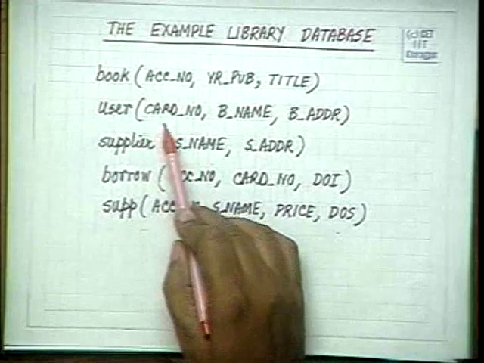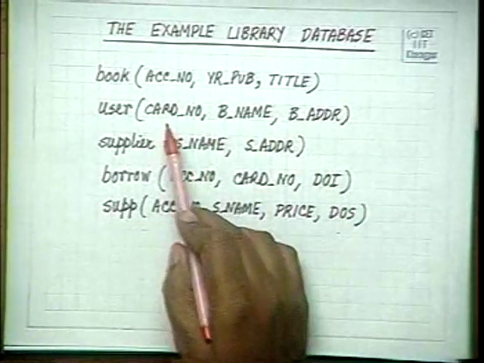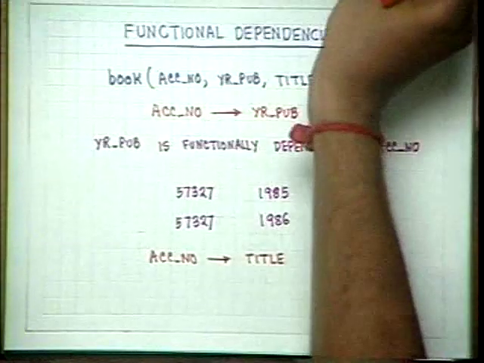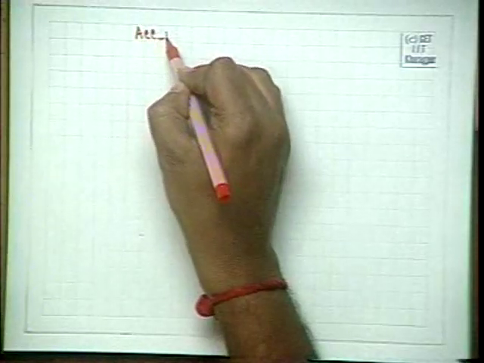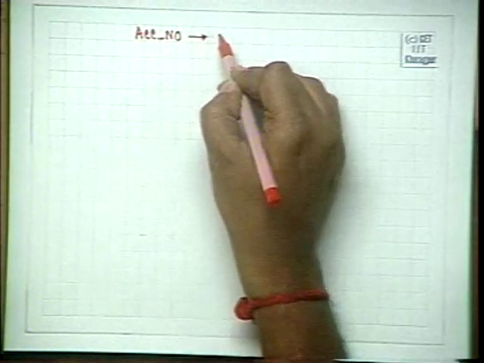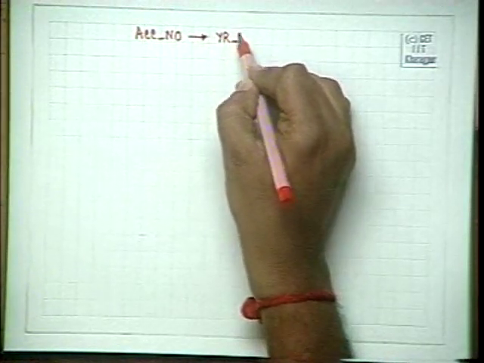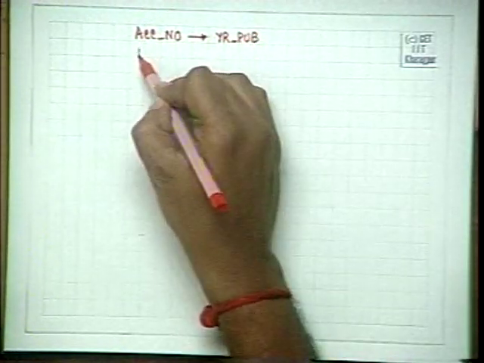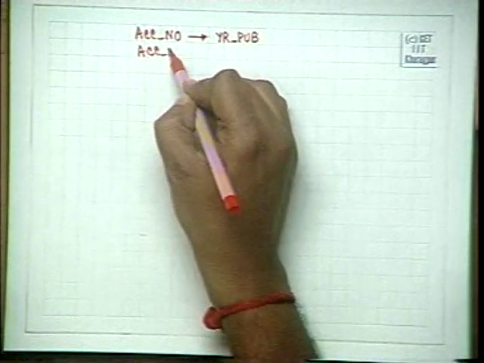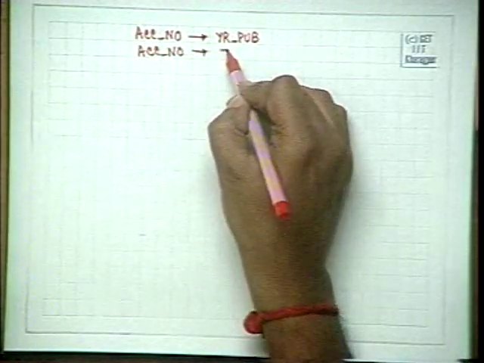Let us come to the user relationship. In the user relationship, since card number is the primary key, let us list out how we will write down the primary keys in terms of functional dependencies. Accession number to year of publication. Accession number to title.